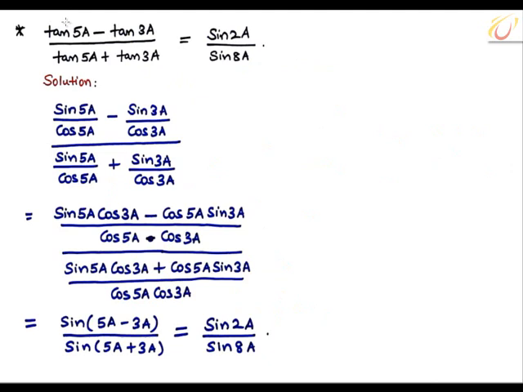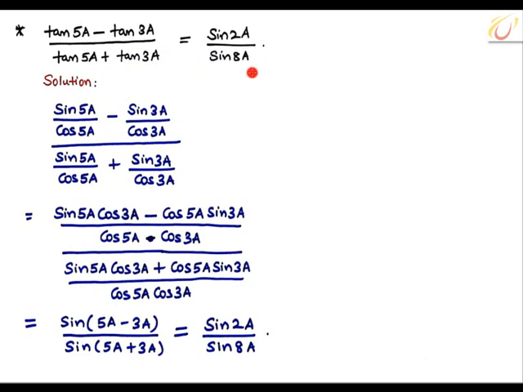Tan 5A minus tan 3A upon tan 5A plus tan 3A is equal to sin 2A upon sin 8A. So again, what should be the start of the thinking process? On my LHS, I have got everything in tan.